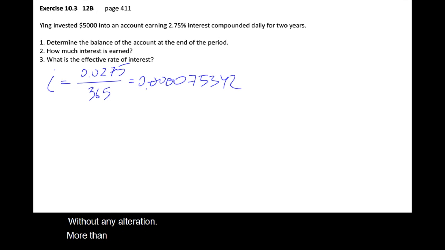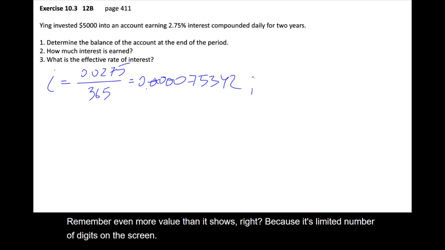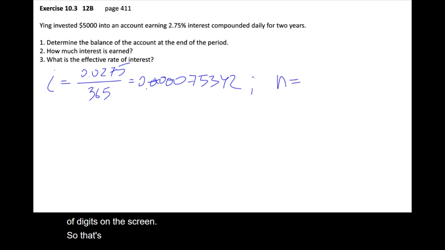More than that, I store it to my calculator's memory, so probably calculators remember even more values than it shows, right? Because it's limited number of digits on the screen. So that's I. N is what? 2 times 365. What is it? That's 730.